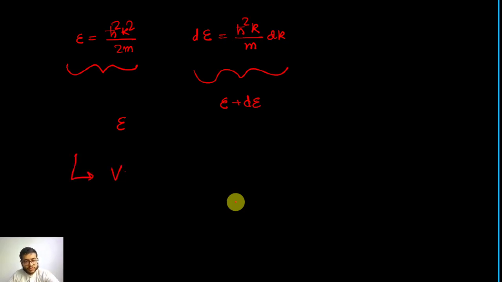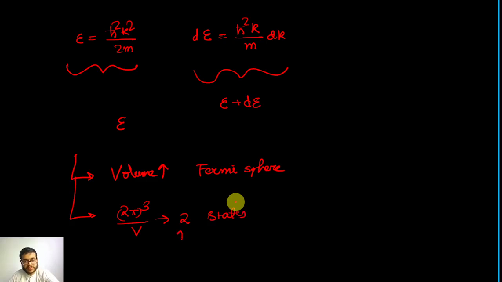We are increasing the volume of the Fermi sphere, but we know that per each 2 pi cube by v volume we will have one k state, and each k state has two electronic states, one plus, one minus. So each state will have two electrons. So if we have, let's say, dv volume increase, then the number of electrons in that dv volume will be dv, or for example dv might be more confusing.